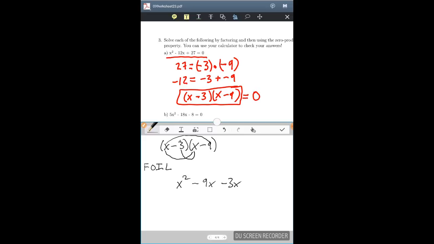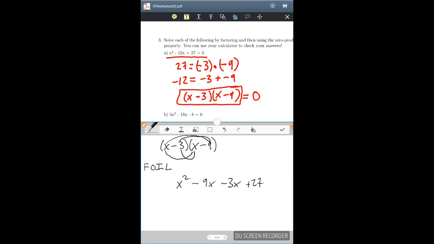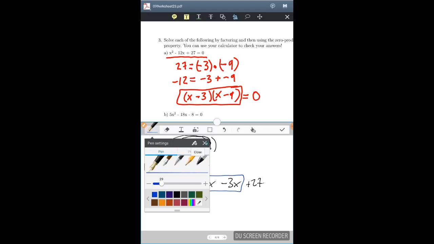And now last, negative 3 times negative 9 is going to be positive 27. Now we have practiced with this before. To simplify this, what do I notice here? I notice that there's an x squared term and no others, so I'm done there. But we see that there's two terms with an x.